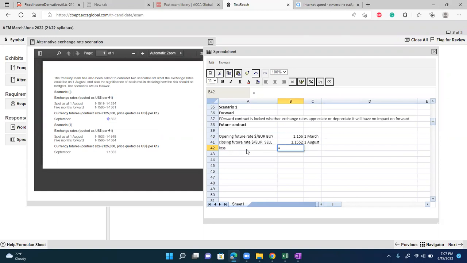How much is the loss? 0.0008 dollar over euro into 146 contracts into 1 contract size. So the loss amount is 14,600. That's the loss amount.